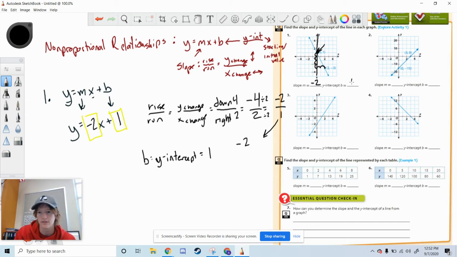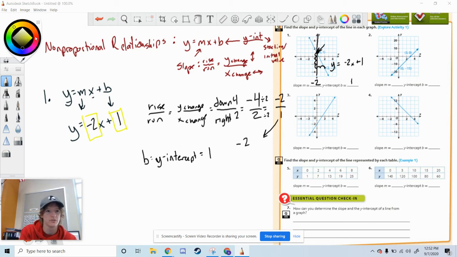Our y-intercept is 1. And I also want you to write that in slope-intercept form. It says find the slope and y-intercept of the line in each graph, but I also want you to write the equation next to your line. So you're going to write y equals negative 2x plus 1. And that's our equation for that line.